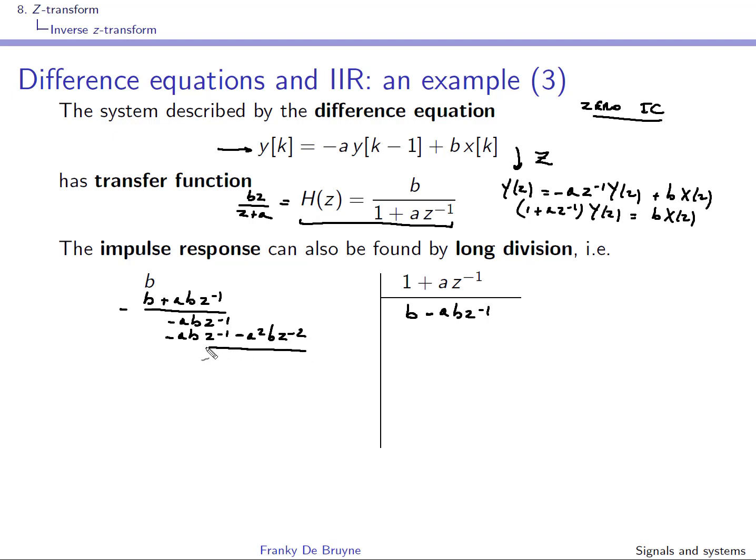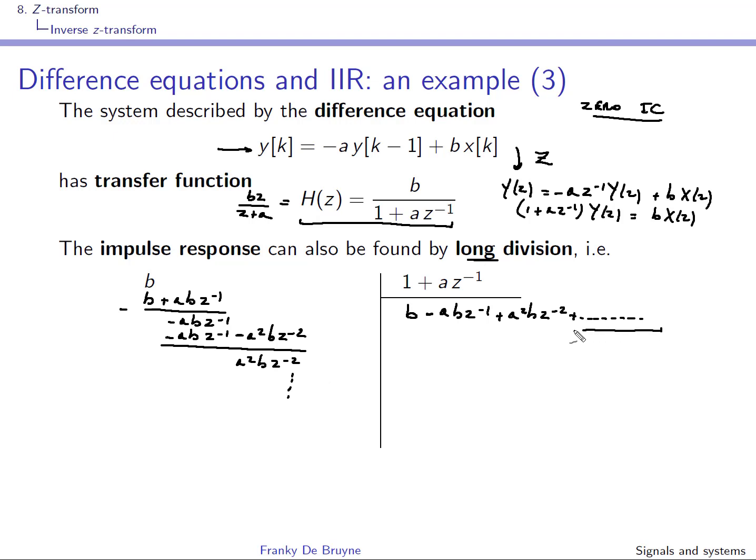If we subtract, we have here a square bz minus 2, and you can see that the next term will be a square bz minus 2, and you can keep on going. This is why it's called a long division. It's a very long division, right?